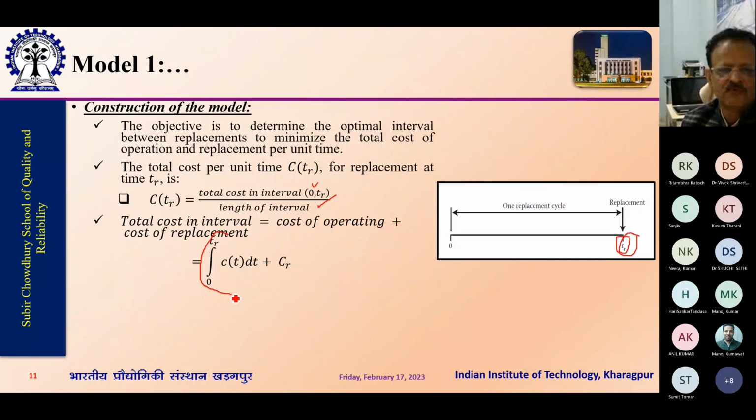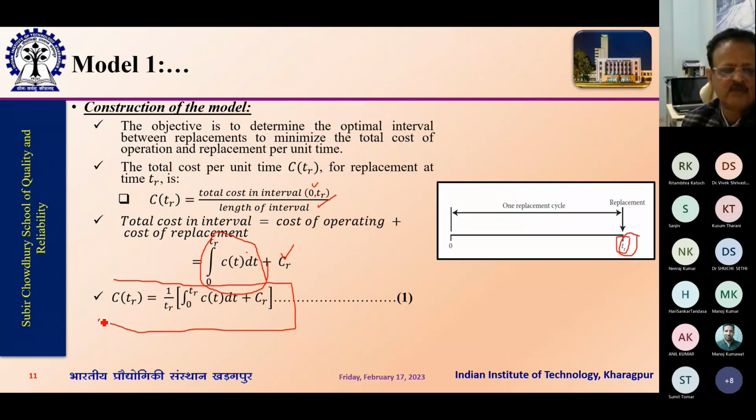From past data, you can model it as a function, linear, non-linear, whatever it is, and the cost of replacement. So it turns out to be this. This is the final model. Is it okay? I don't think this is a very complex model.